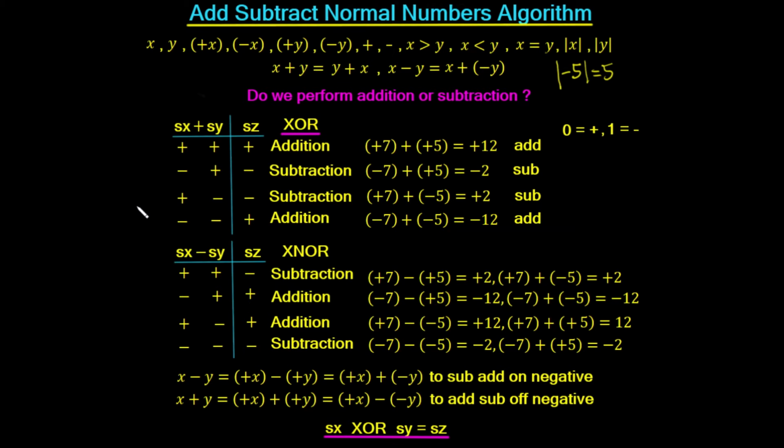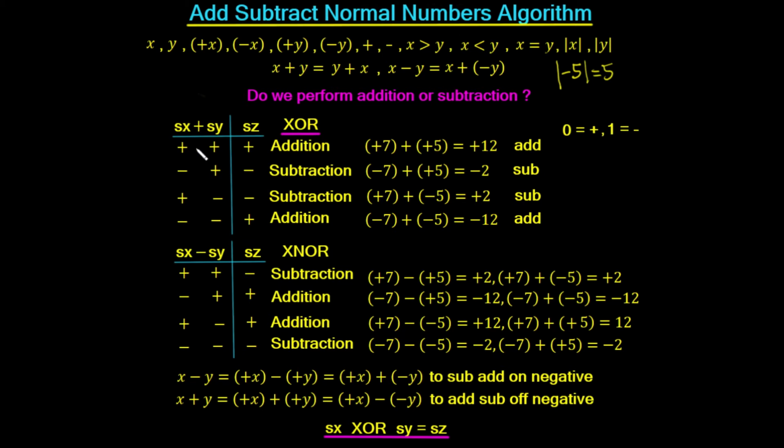So we want to have a look at all of the possible combinations of adding and subtracting positive and negative numbers. So we know that the x can have a positive or a negative value. So that's two values for the x. We know that the y can have a positive and negative values. So that's two values for the y. So it means that we can draw out a little truth table.